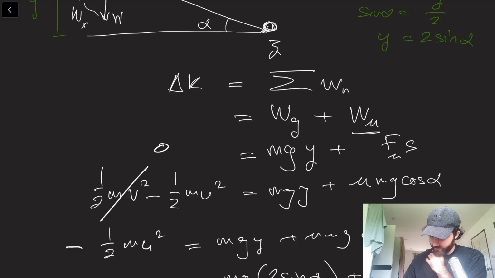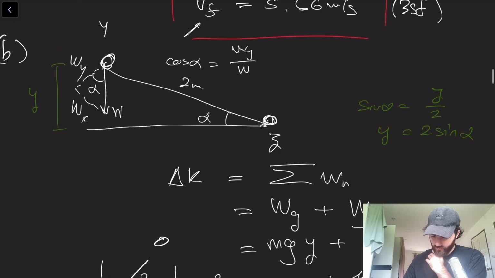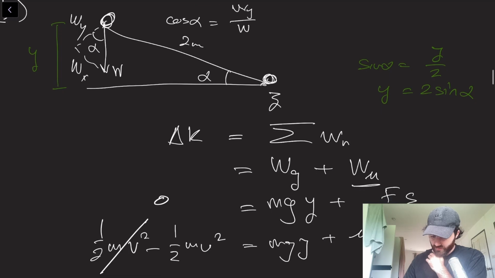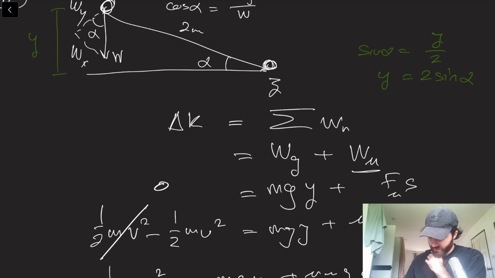Force times displacement. And this thing here we found before was the force, WY. This normal contact force, so mu n. Our n, our normal contact force, is WY. And WY was mg cos alpha.